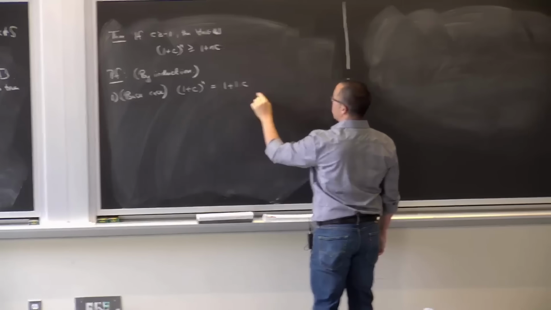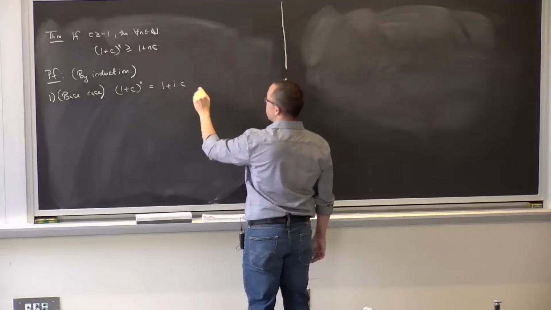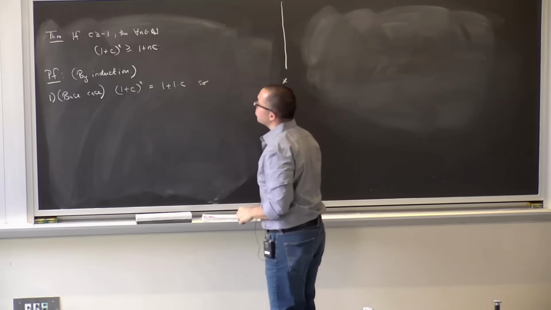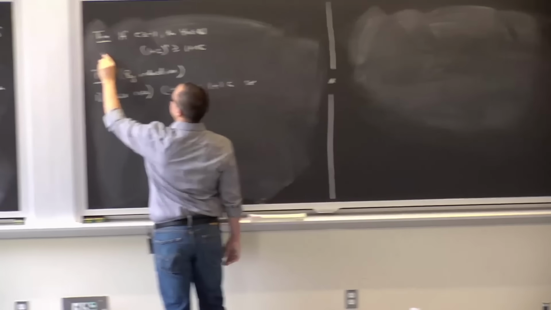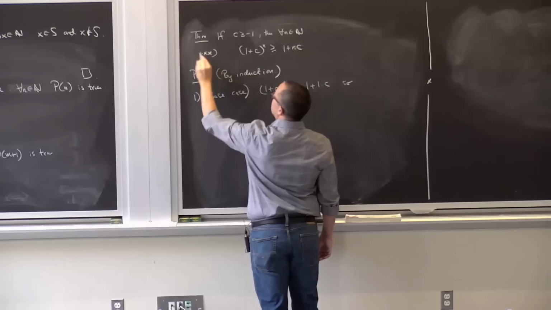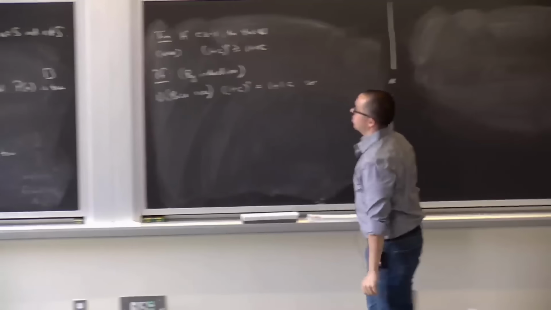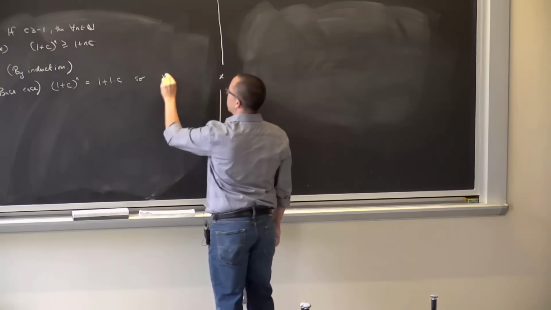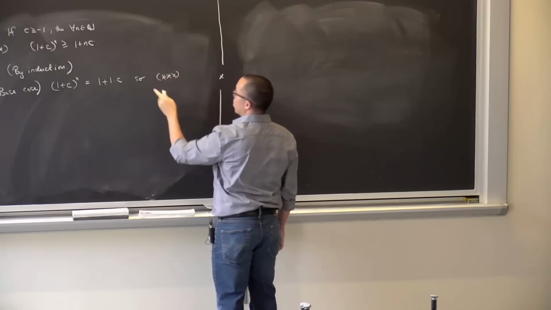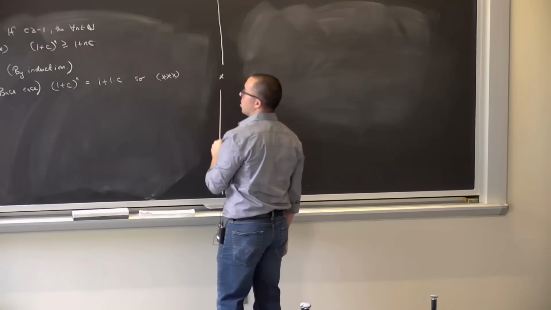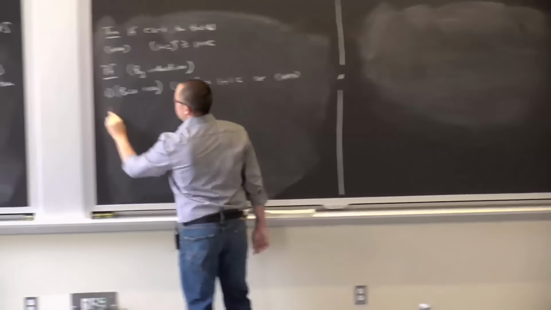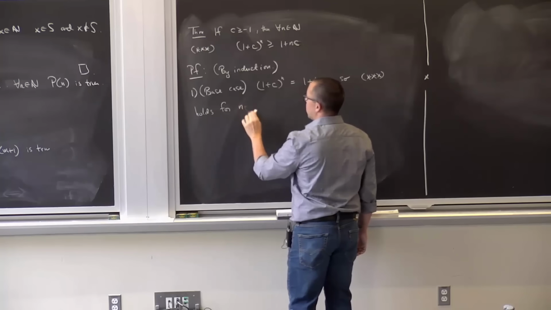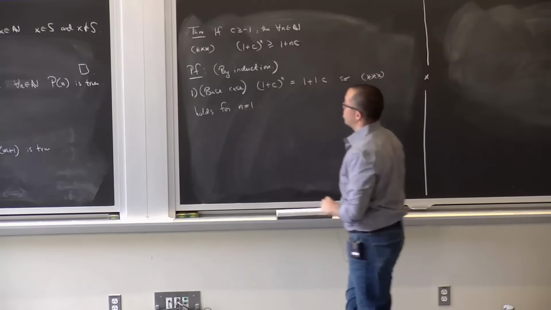So it's certainly bigger than or equal to 1 plus n times c. I think that's the last stars I'll use for this lecture. So our inequality, star, star, star, holds for n equals 1.